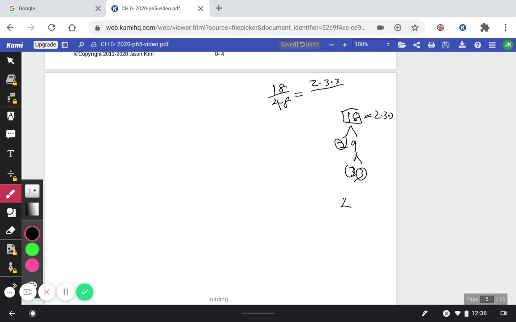And 48 is an even number. So you always have 2 as a common factor when you have even numbers. So 2 times 24. And 24 is again an even number, so it's 2 times 12. 12 is again even, 2 times 6. 6 again even number, 2 times 3.